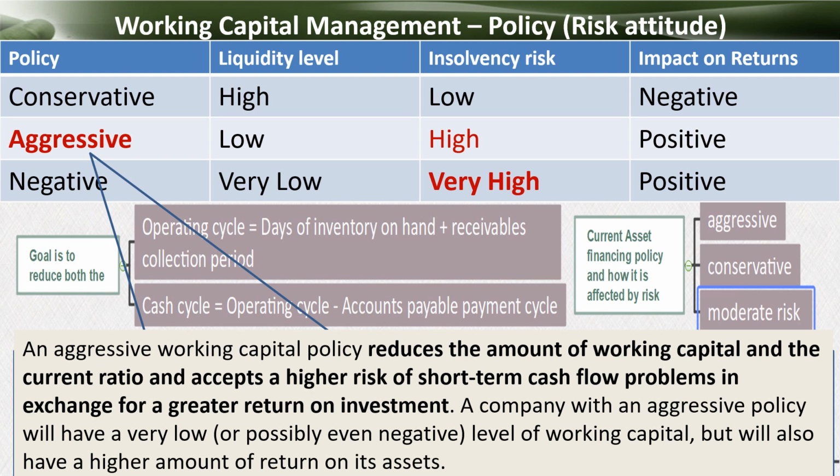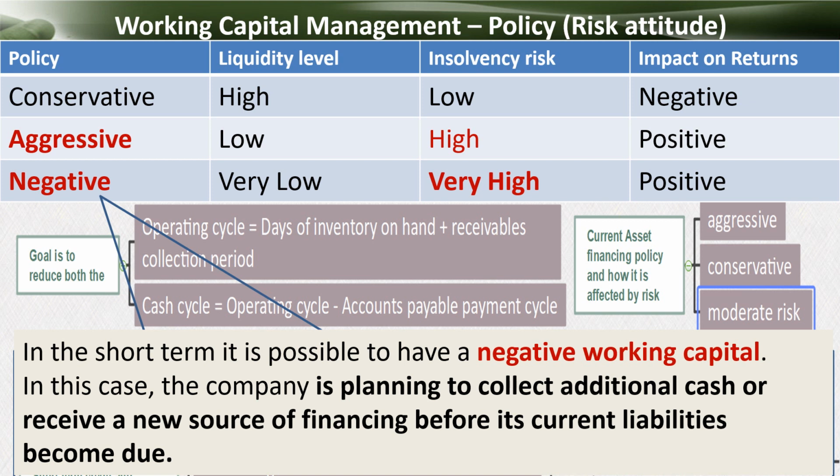It reduces the amount of working capital and the current ratio and accepts a higher risk of short-term cash flow problems in exchange for a greater return on investment. A company with an aggressive policy will have a very low or possibly even negative level of working capital, but will also have a higher return on its assets.